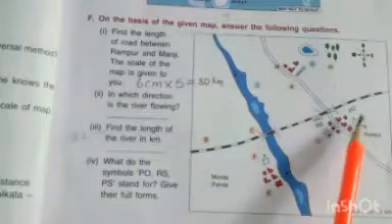That you understood. Now in which direction is the river flowing? North, south, east and west. This is which direction? Northwest to southeast.